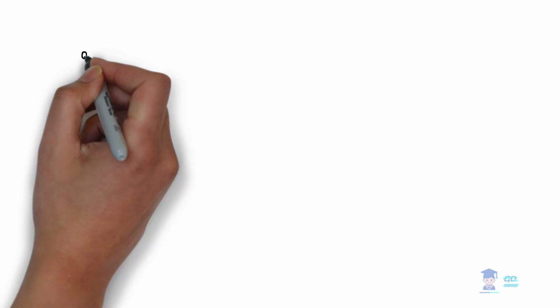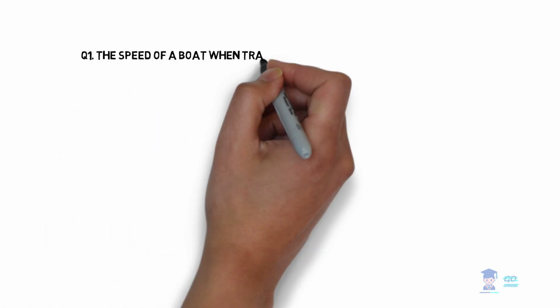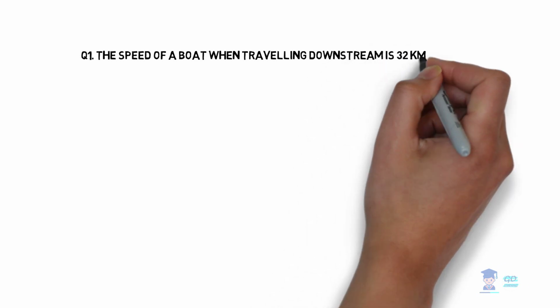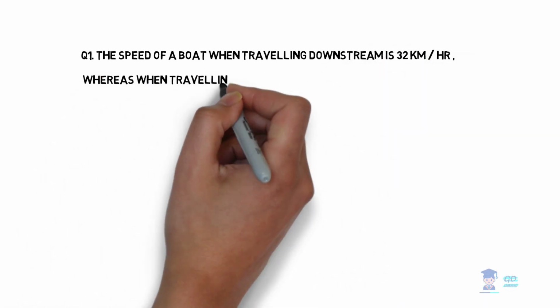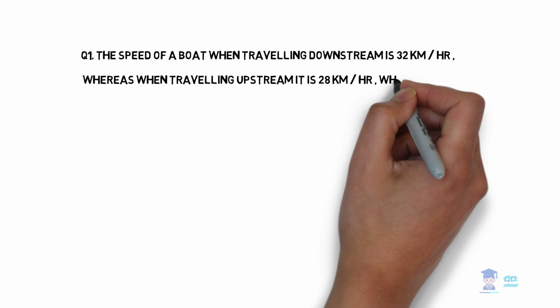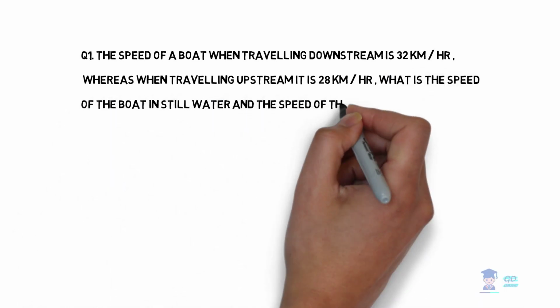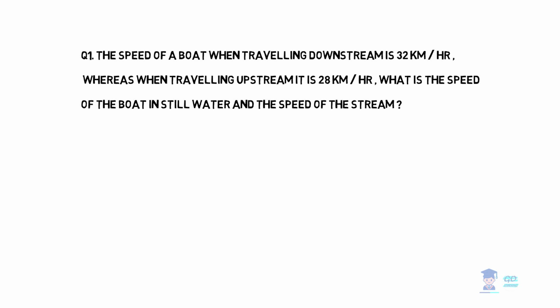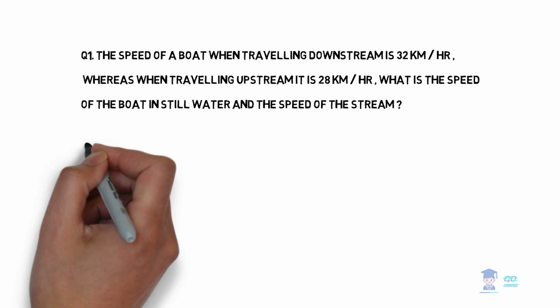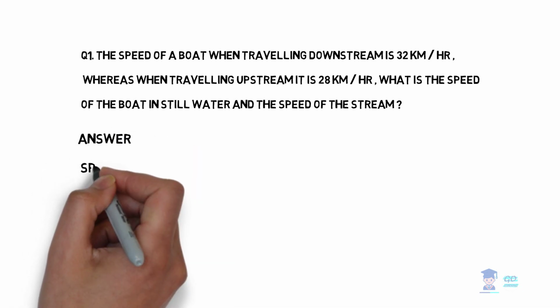Question number 1. The speed of a boat when traveling downstream is 32 km per hour, whereas when traveling upstream is 28 km per hour. What is the speed of the boat in still water and speed of the stream? From the question we can see the value of A is 32 and B is 28. Answer.